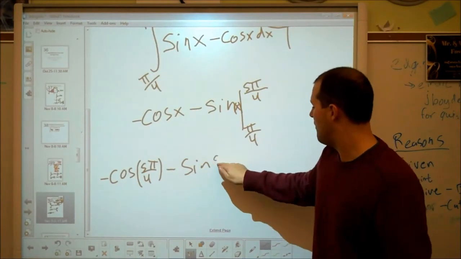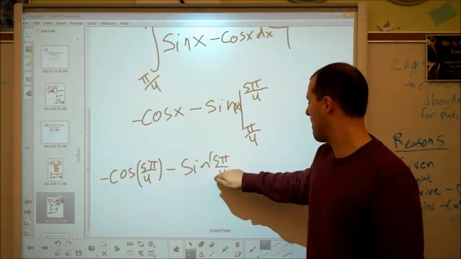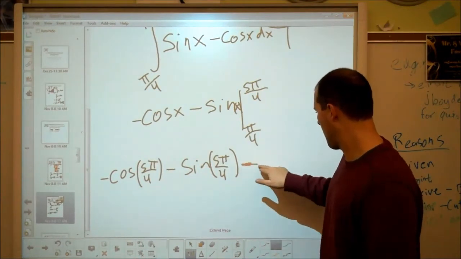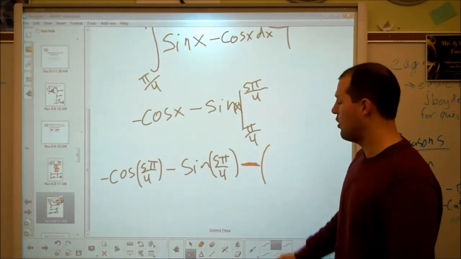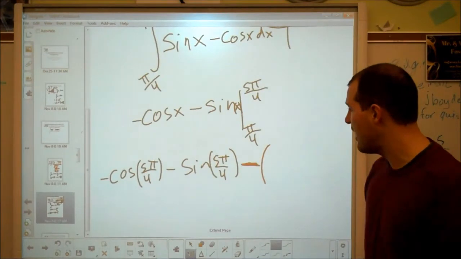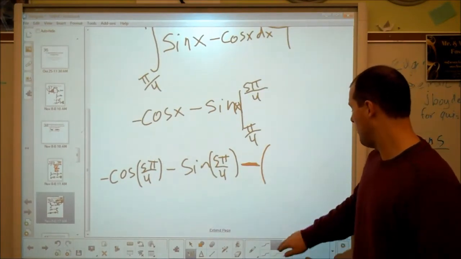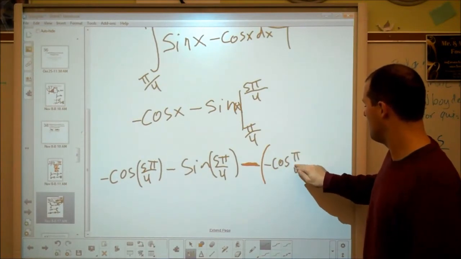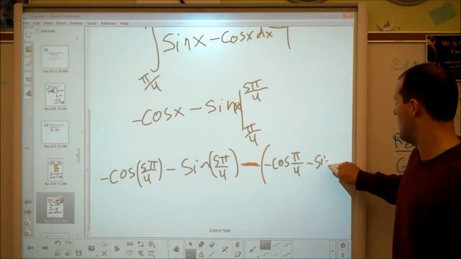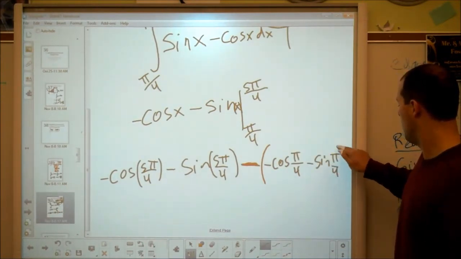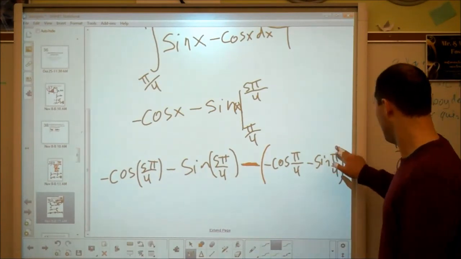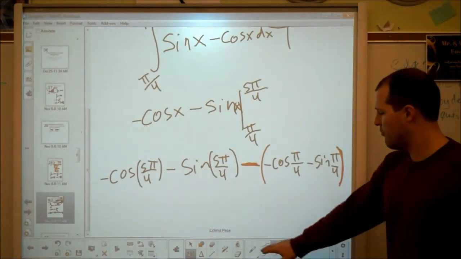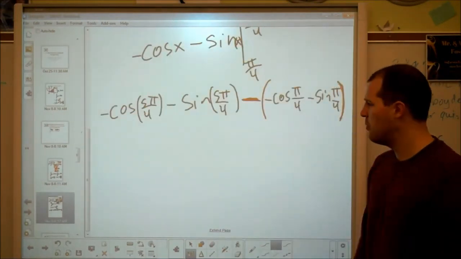Okay, sine of 5 pi over 4 minus, forget your parentheses, because when you're subtracting, that can cause some problems, negative cosine of pi over 4 minus sine of pi over 4. Okay? Now let's go through and get values for those. We'll simplify and we'll be done.